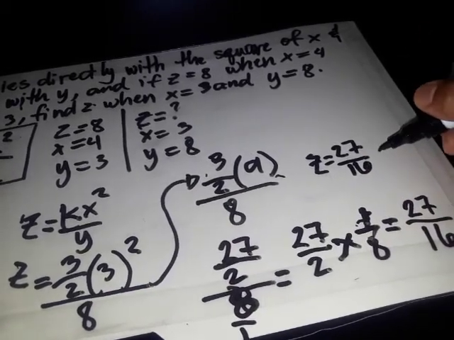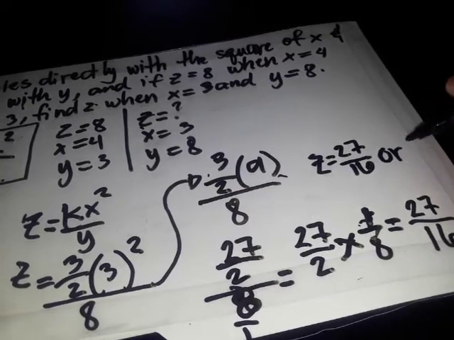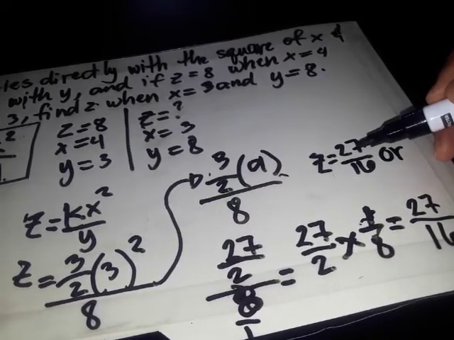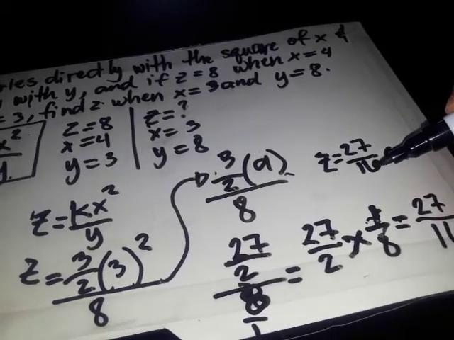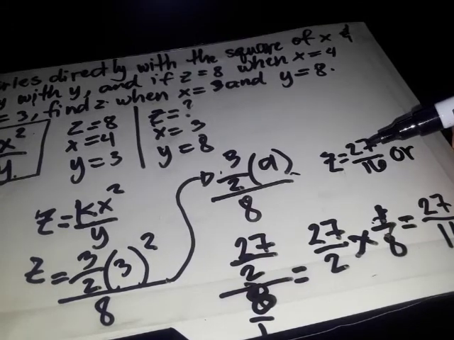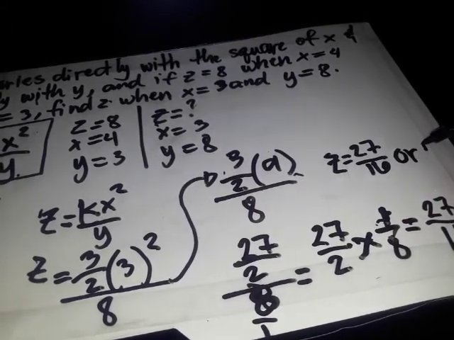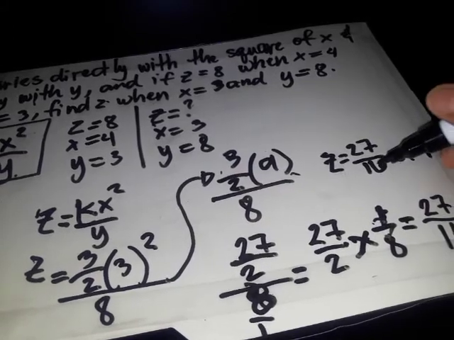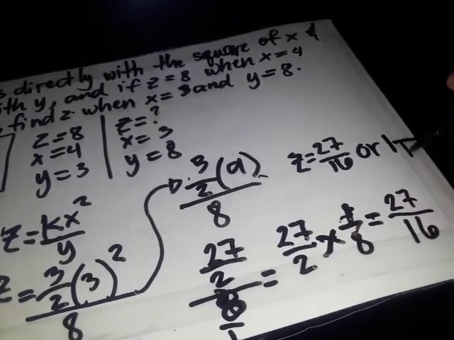Or, pwede rin siyang i-lowest term using mixed number. Kasi, ang numerator natin ay mas malaki sa denominator. Okay, ang shortcut dyan, ilang 16 ang pwede sa 27? 1. Tapos, gagawa ng line in between. Kopyahin lang si 16 para sa baba.